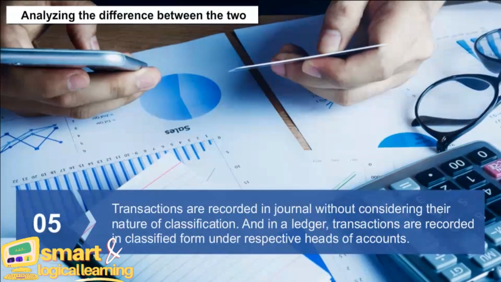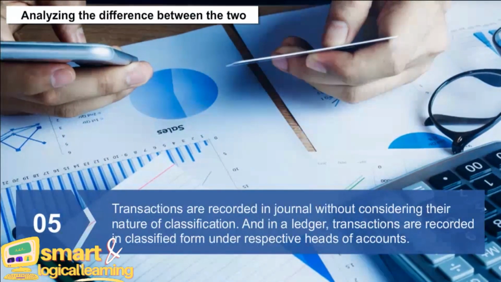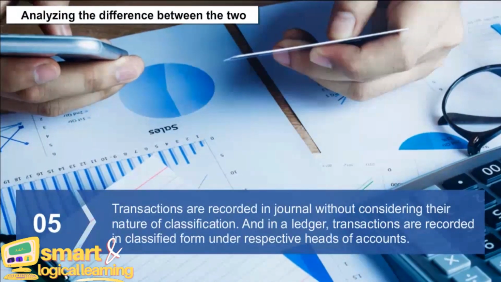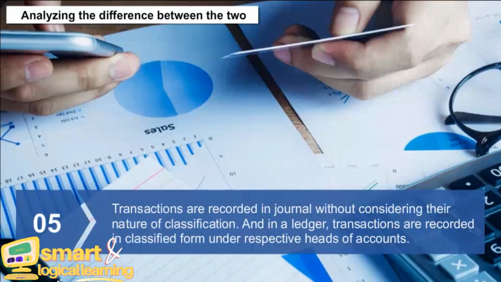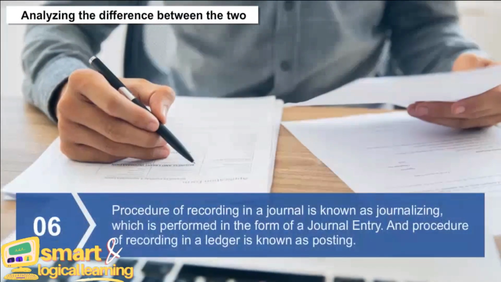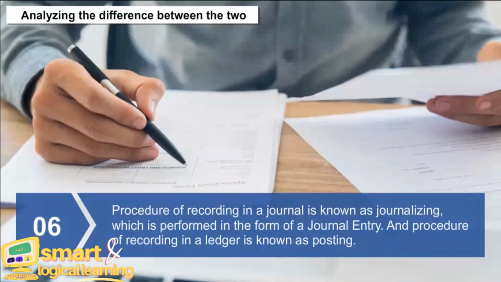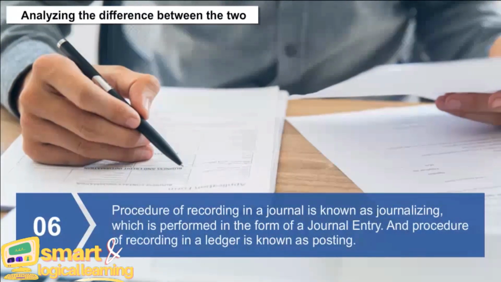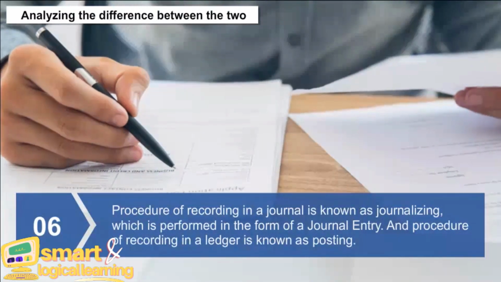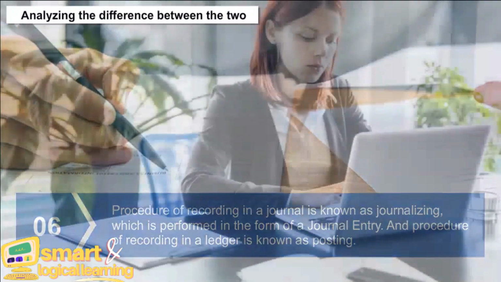5. Transactions are recorded in journal without considering their nature of classification. And in a ledger, transactions are recorded in classified form under respective heads of accounts. 6. Procedure of recording in a journal is known as journalizing, which is performed in the form of a journal entry, and procedure of recording in a ledger is known as posting. 7.